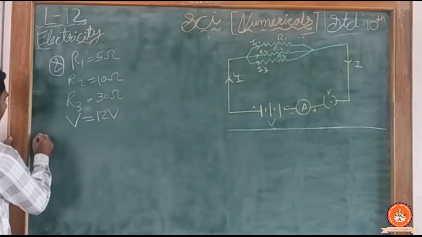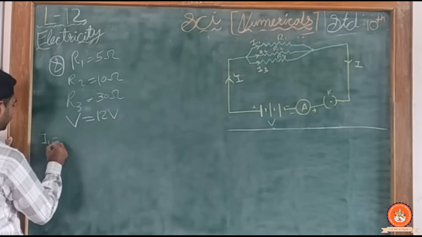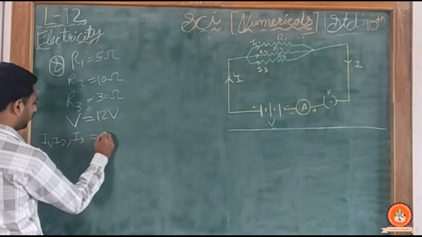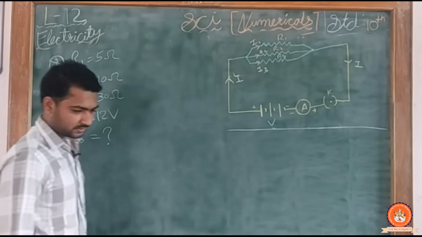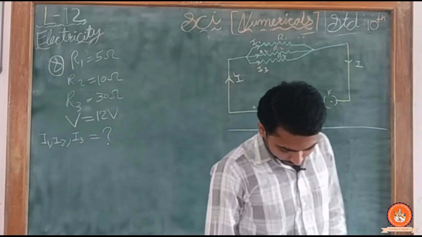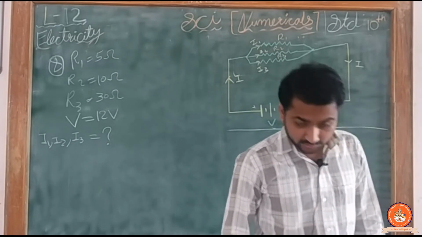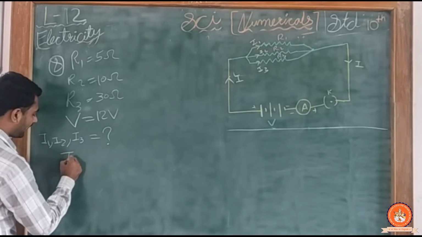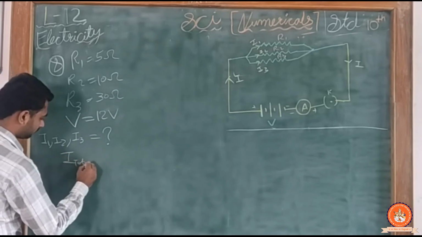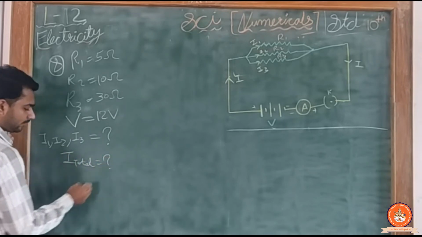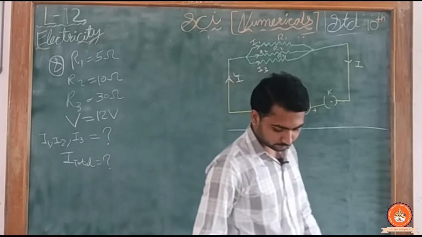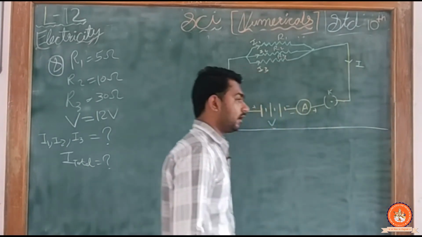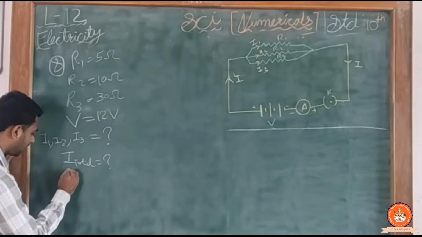So I will write here I1, I2, I3 is equal to how much? Then after, the total current in the circuit. After finding I1, I2, I3, I have to find I total. Clear? Then the total circuit resistance, that is R total.